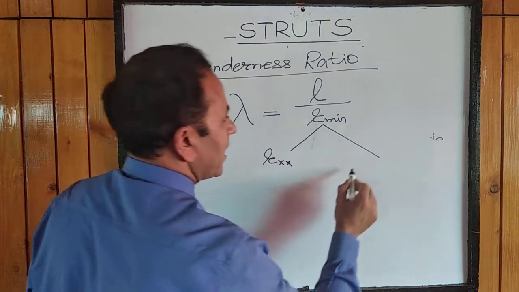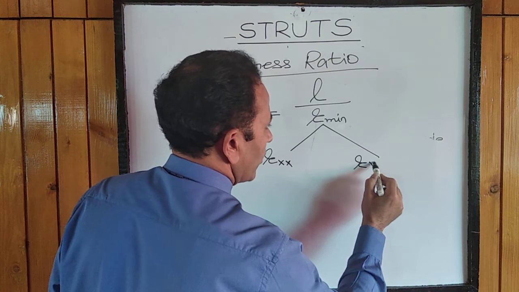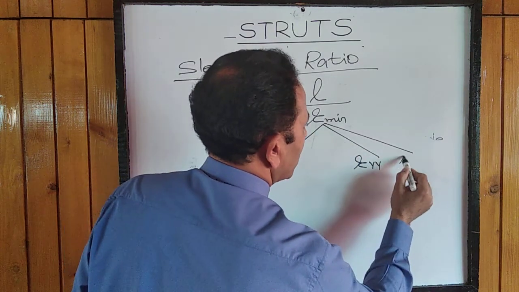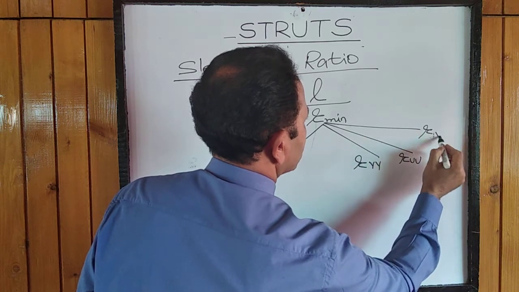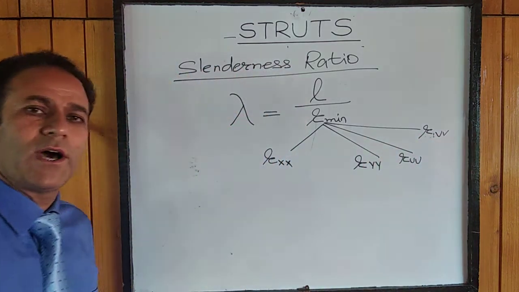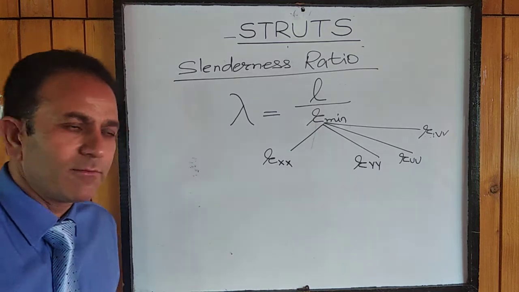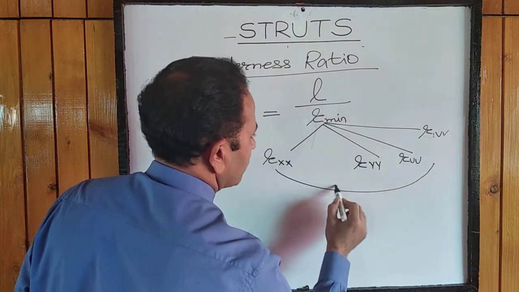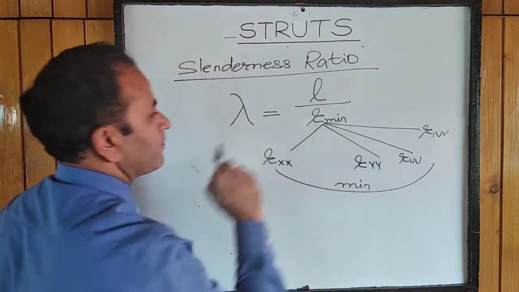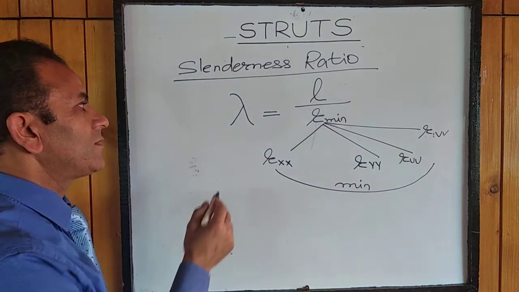Say if it is RXX, we will have RYY also for an angle section. We will have R about the UU axis, we will have R about the VV axis. So we will have 4 values of R directly from the steel table if it is an angle section, and we will take the minimum of all the 4 values as R minimum.